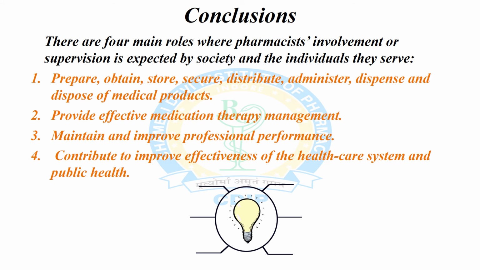So, the conclusion of the session is there are 4 main roles where pharmacist involvement or supervision is expected by society and the individuals they serve: prepare, obtain, store, secure, distribute, administer, dispense and dispose of medical products; provide effective medication therapy management; maintain and improve professional performance; and contribute to improve effectiveness of the healthcare system and public health.